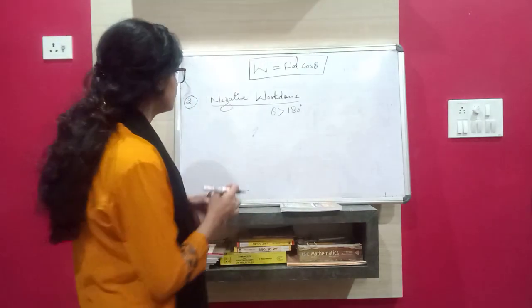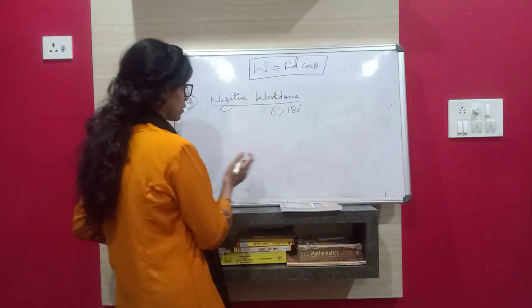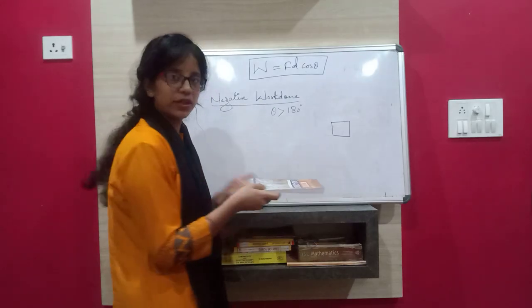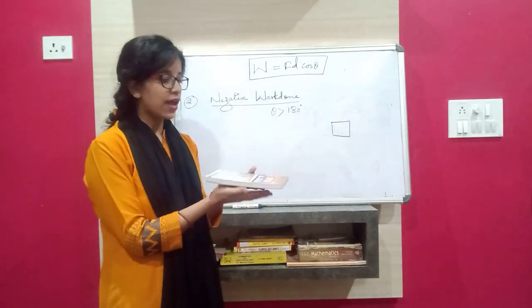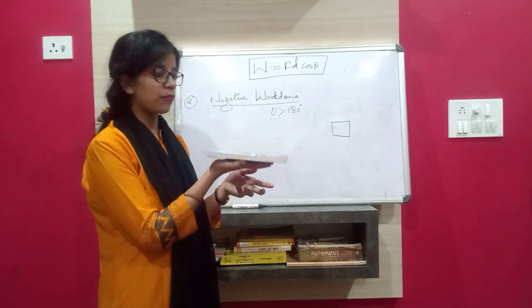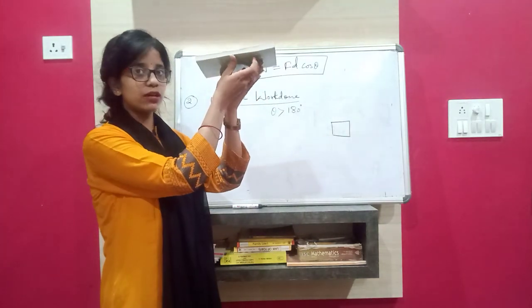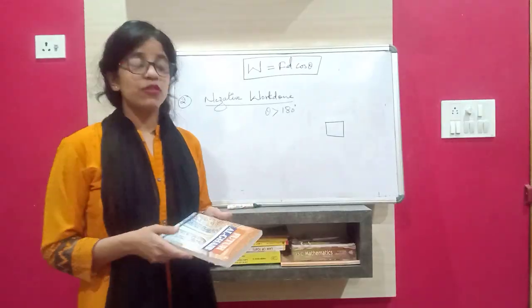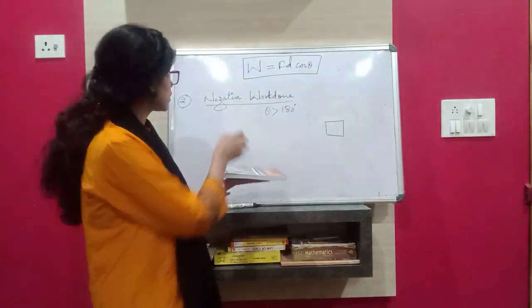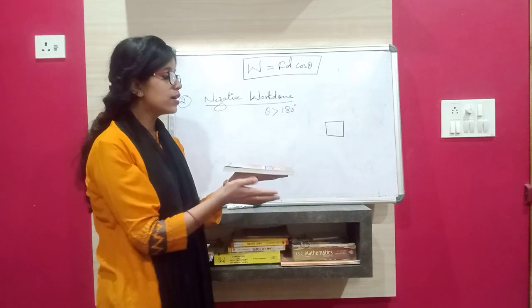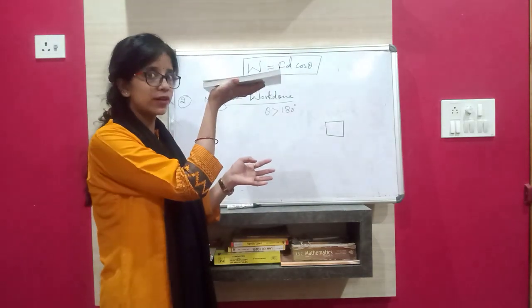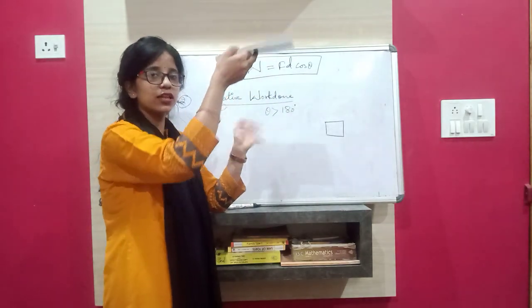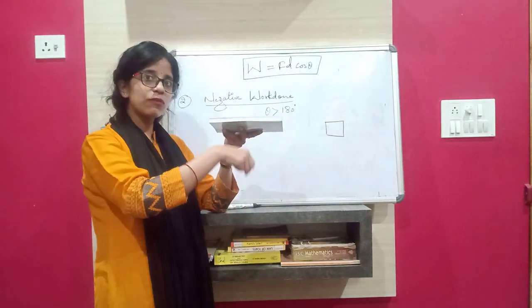If we are having a body here, now see properly, if we are throwing the body in the upward direction, we are applying force upward. If you are having a body here and we are throwing the body in the upward direction, by the way, when the body is thrown or taken in the upward direction, can you guess in what direction the weight of the body will be acting?